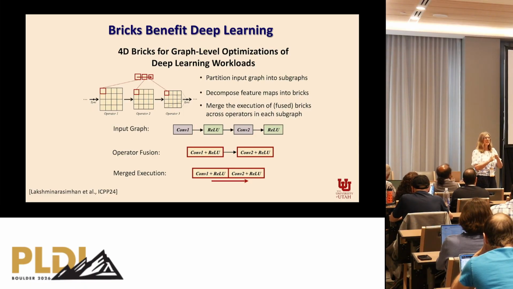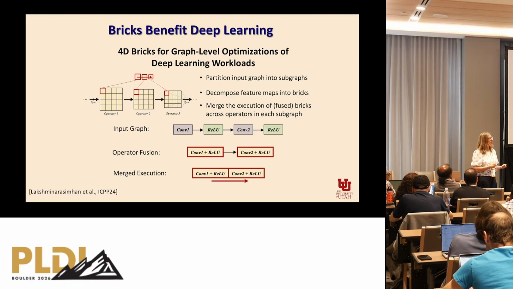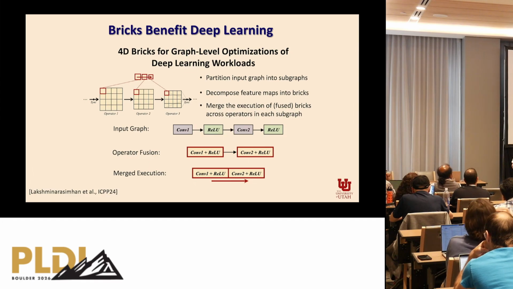So the same result that you produce may be used in multiple places. And so there's a memoization of the result and a synchronization to figure out whether the result is available or whether you should calculate it. And we call this merged execution because we're not fusing the multiple convolutions.